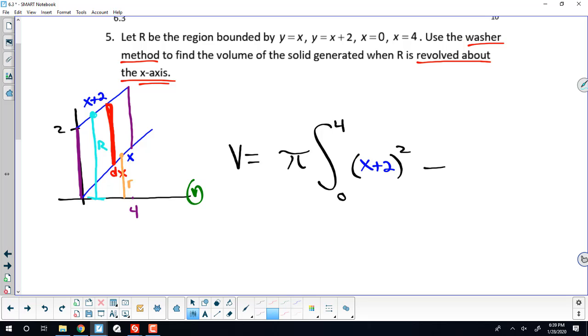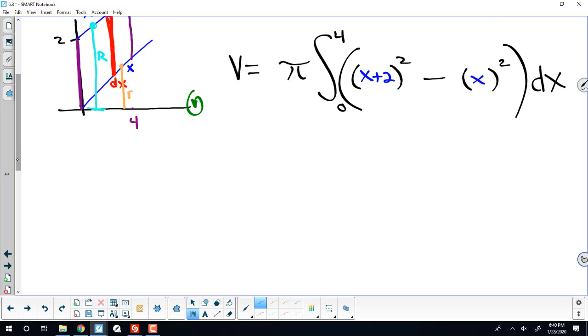So x minus the quantity x squared. I'll show you like this. So that's our setup. Pi times the outer radius squared minus pi times the inner radius squared. Anyone have any questions on that? I'm just going to expand that out and subtract the x squares.